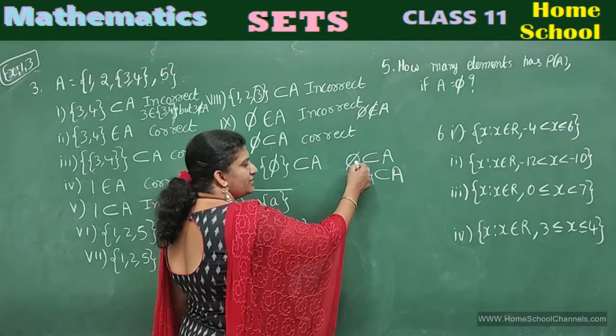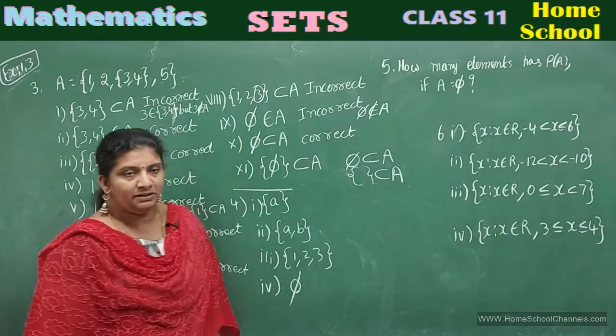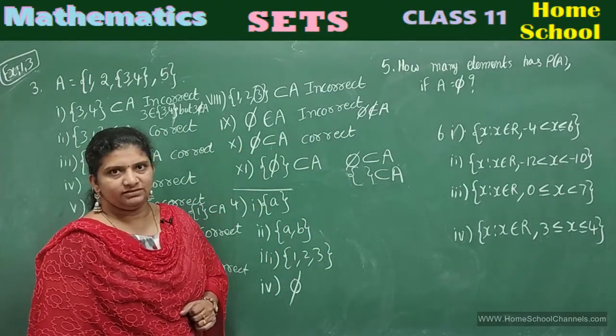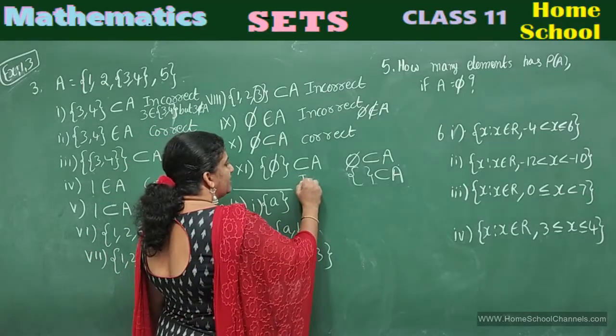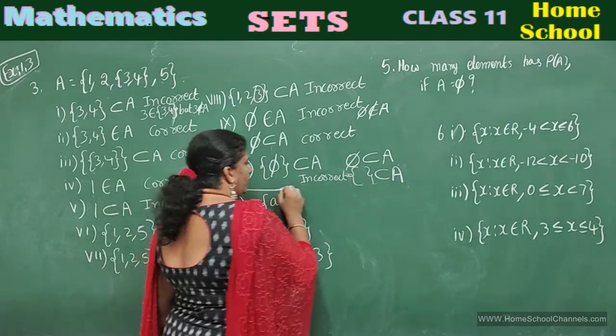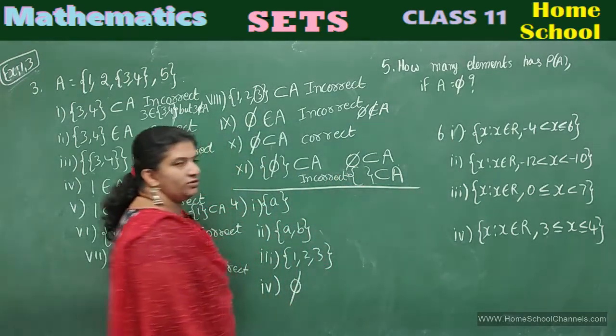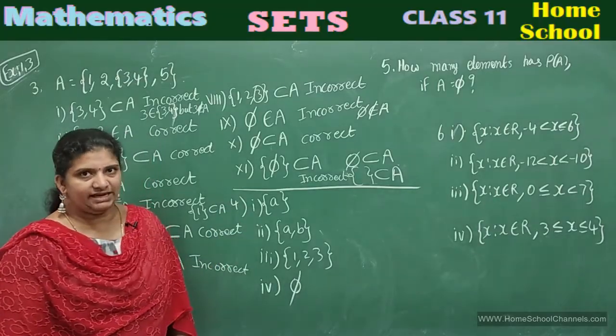So either this is a subset of A you can say, or this is a subset of A you can say, but not this. Any one only is a subset of A. Then what you can say here? It is incorrect. Okay. Next, coming to your fourth main, write all the subsets of the given sets.